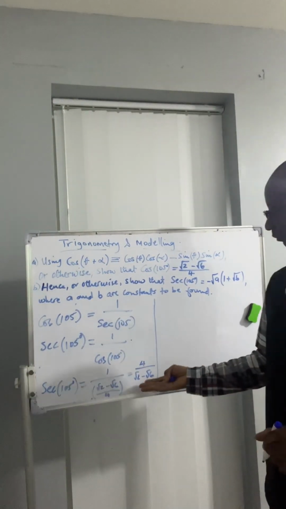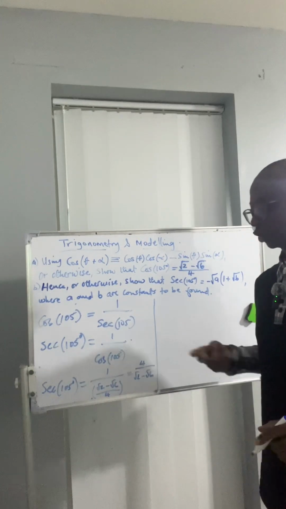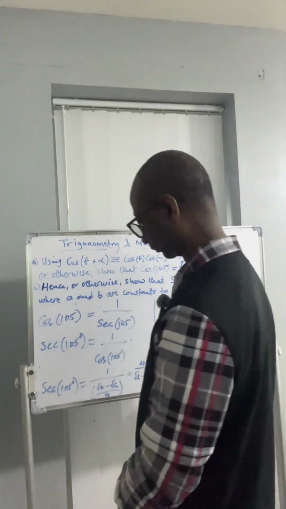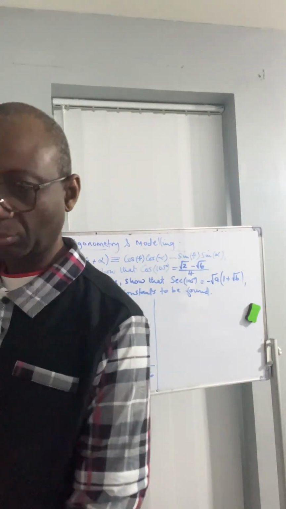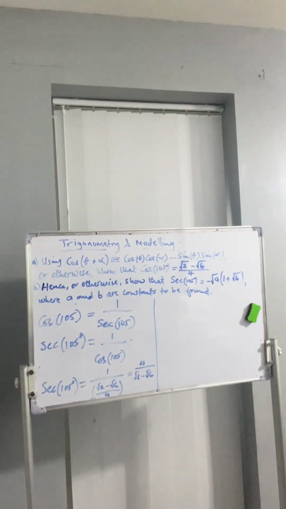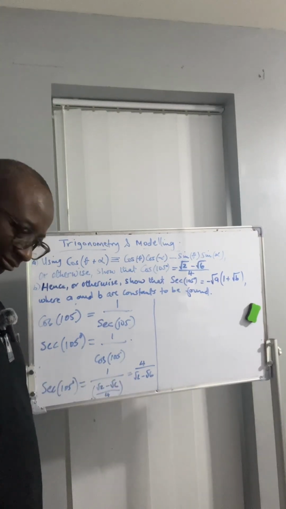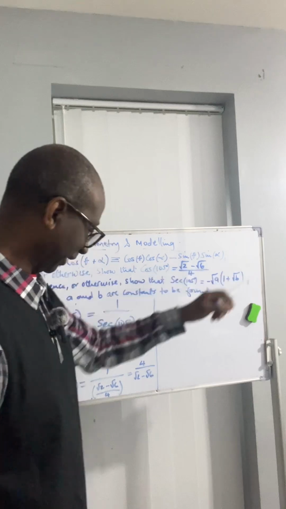We have two surds in the denominator, and we need to simplify this denominator to look something like this one here.